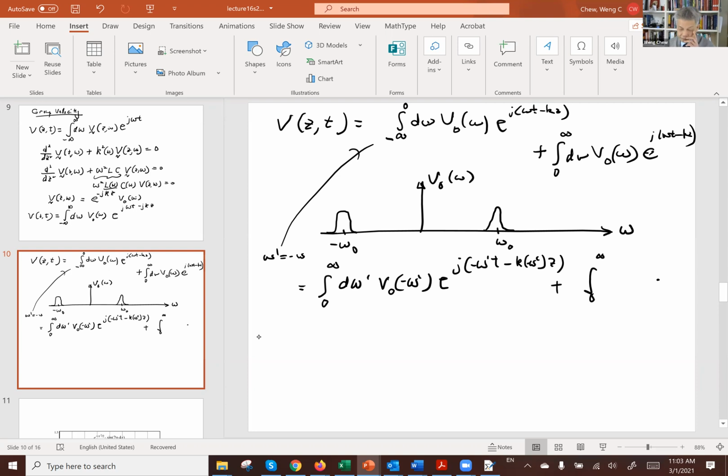And in order for the function to be real valued, these two terms have to be the complex conjugate of each other. You can prove that by signal processing. Otherwise, the left-hand side would not be real valued.